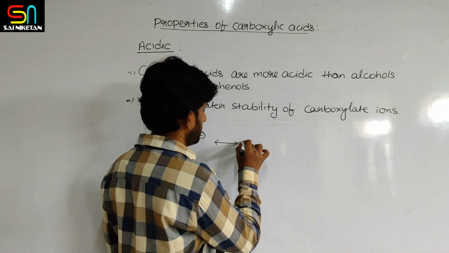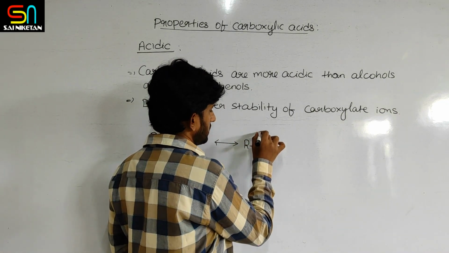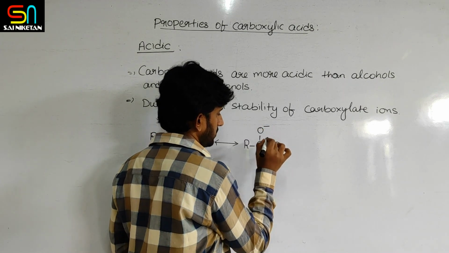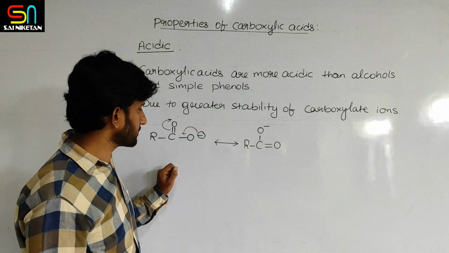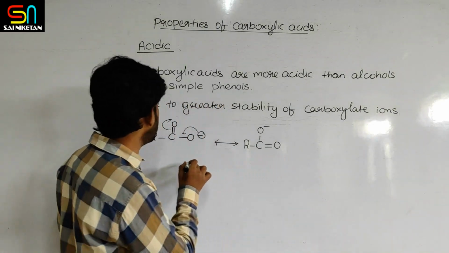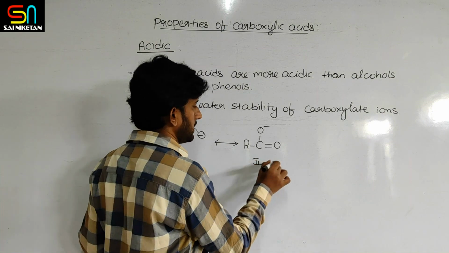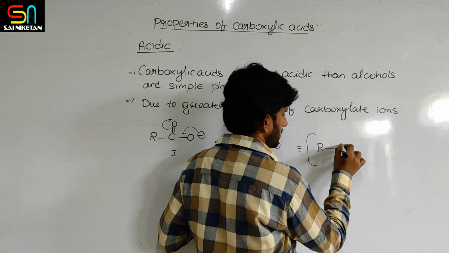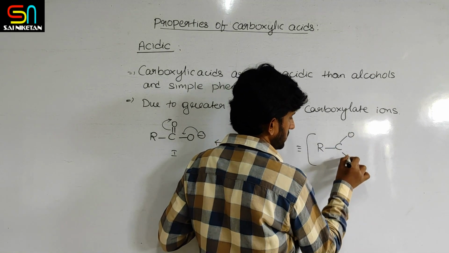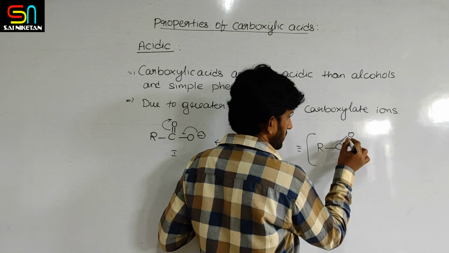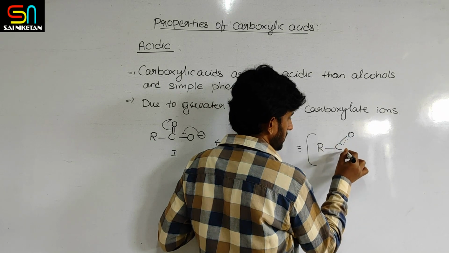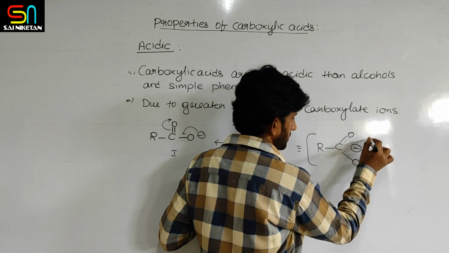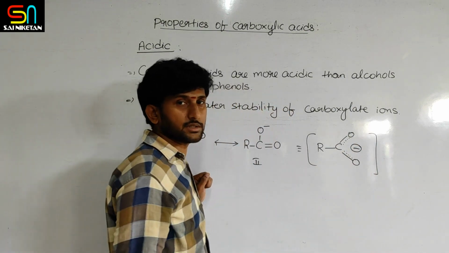So I will write R CO minus with a double bond O. Now the resonance hybrid of these two, I would like to write like this: R C O and O with partial double bond characters and negative charge.